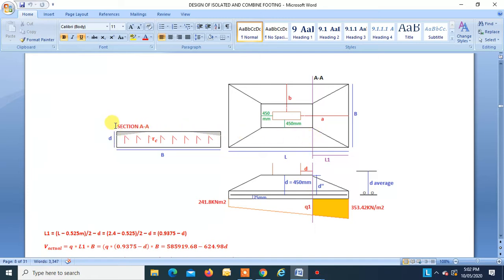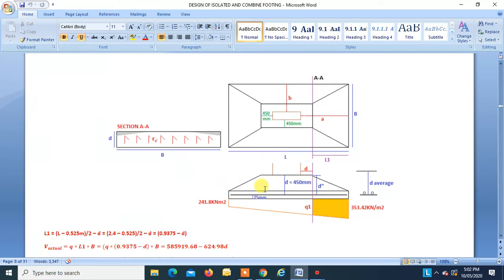But for ease of calculation, I am taking this as a rectangle, because we are still just assuming our D dash. Then we will have to check whether this D is safe in one way shear and punching shear stress, and if it is not, we will have to increase our section.